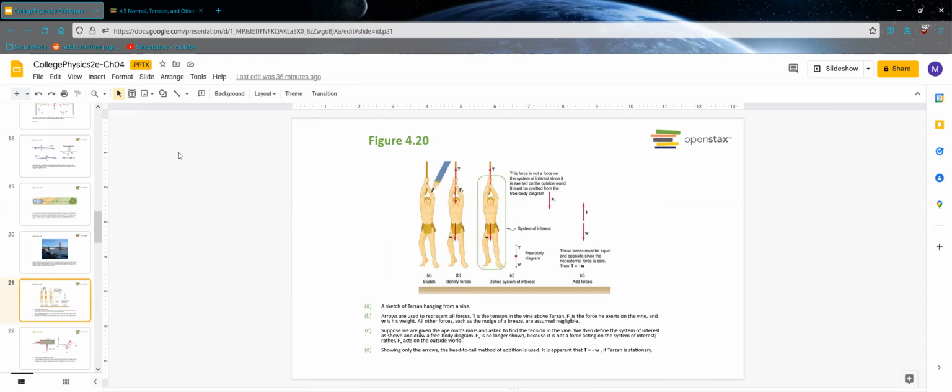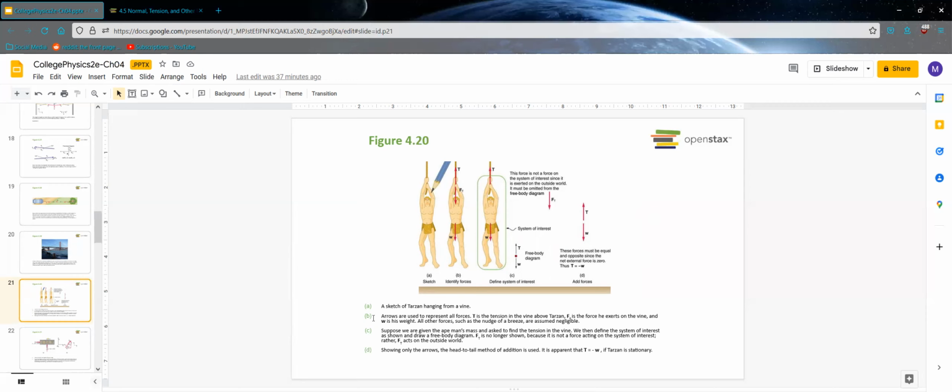Cool. So going on a bit here, this is another example of understanding this weight and tension conversation that we're having. Here's a Tarzan, I guess, hanging from a vine. When you look at this example, you can see that the arrows are used to represent the forces, right? We've been doing that. The tension in the vine above Tarzan, F of T, is the force he exerts on the vine, and his weight down below is equal to his tension.